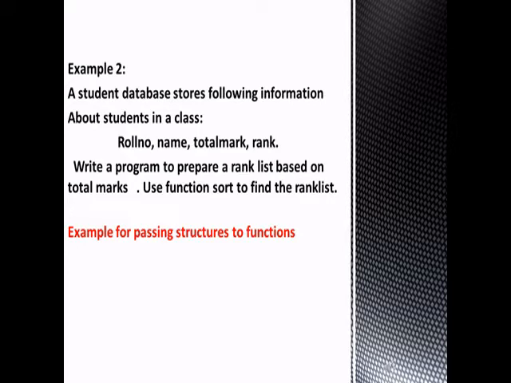For this, you are using the function sort. You read the structure and pass to the function the array of structures, which is then sorted. When you are passing a structure array to the function, actually you are passing by call by reference. So any change in the formal arguments will be reflected back in the actual arguments.